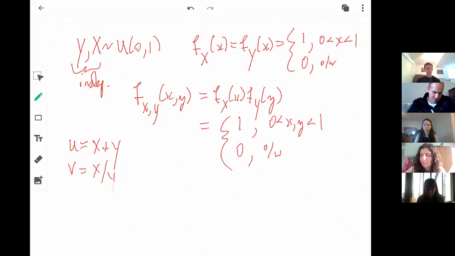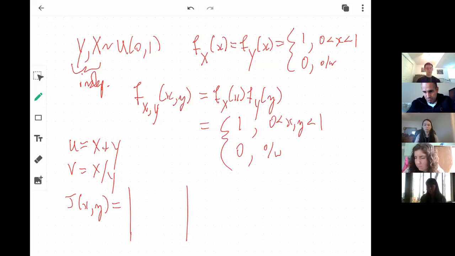So the Jacobian of x, y is going to be, well, I like to just say, go to the first function. Basically, u is a function of x and y. I think the book called this G1 of x, y, and G2 of x, y for the second thing.